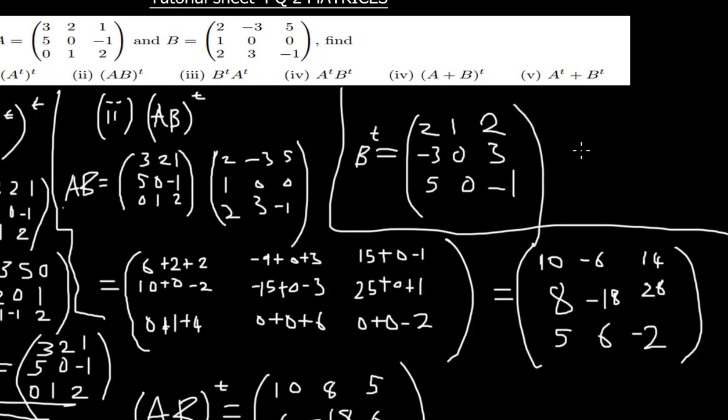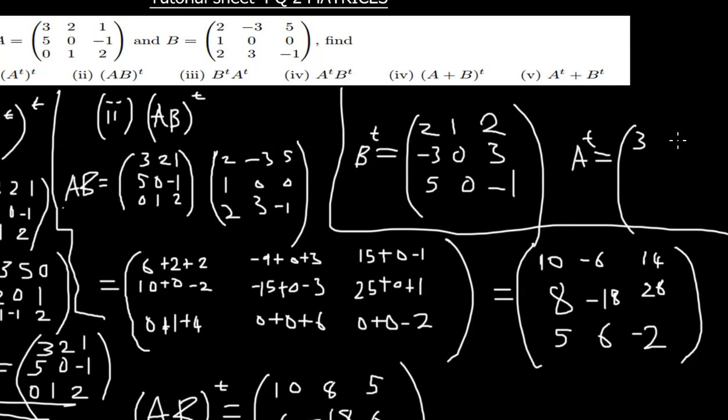And then let me also find A transpose. So A transpose will be nothing but, you also do the same. You change the rows into the columns. You move the rows into the columns.